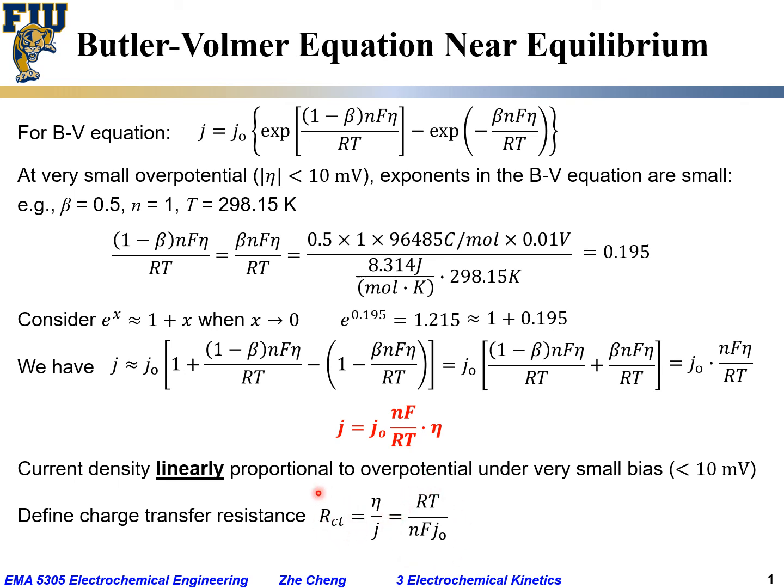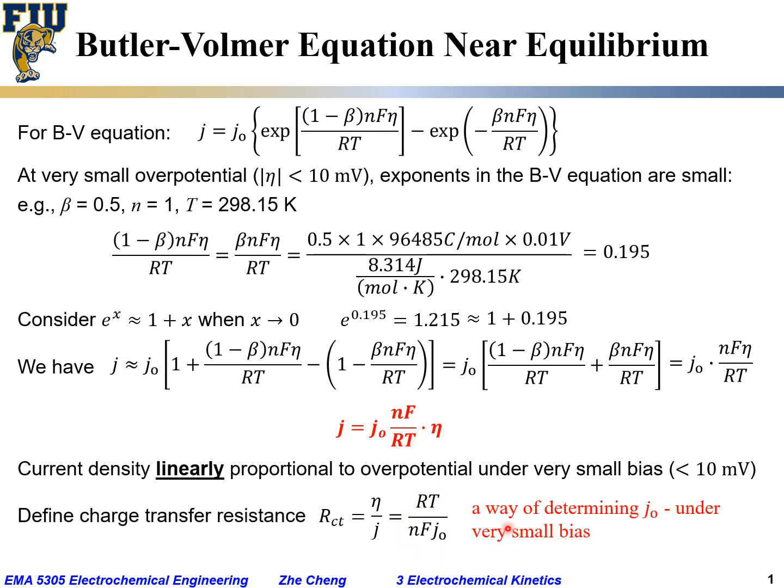This charge transfer resistance would be a constant because R, T, N, F are all constant, and J0, as we said, for a given system with a given microstructure is also constant.